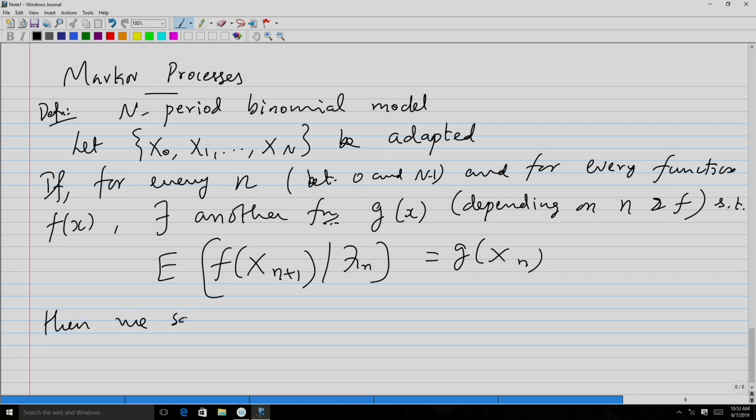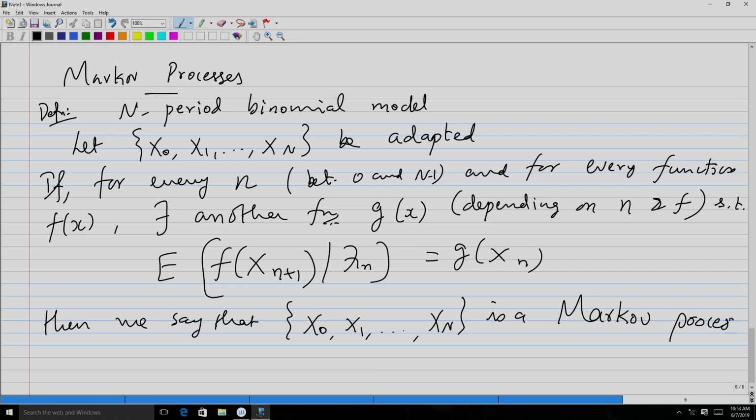then we say that this process x naught, x 1 and so on up to x n is a Markov process. You might have seen the Markov process definition in some other ways, that does not matter. This is an equivalent way of defining it in terms of conditional expectations.